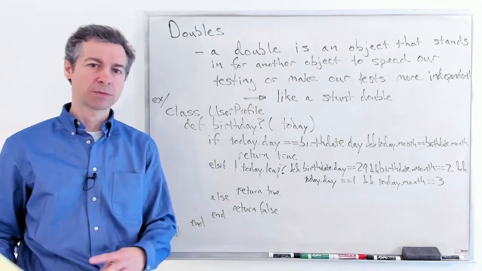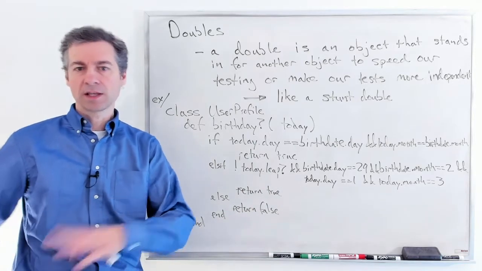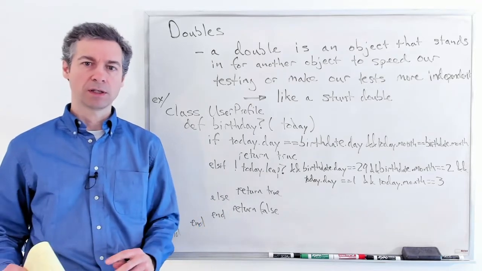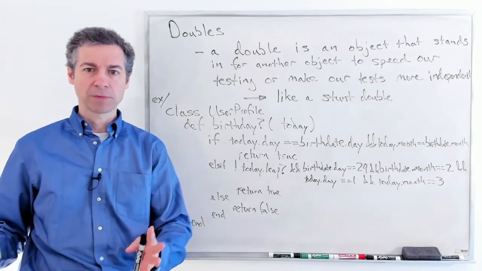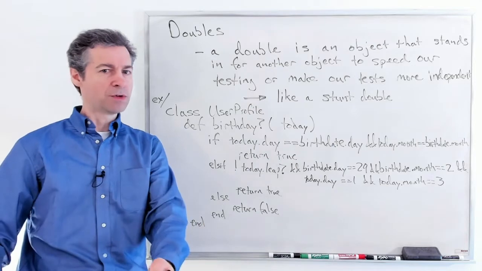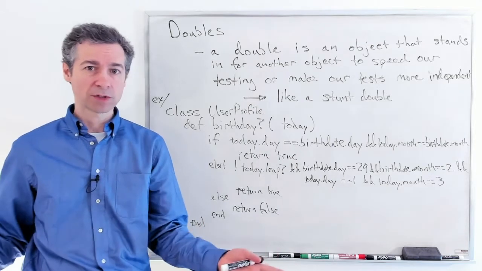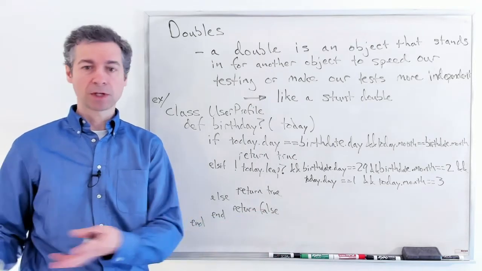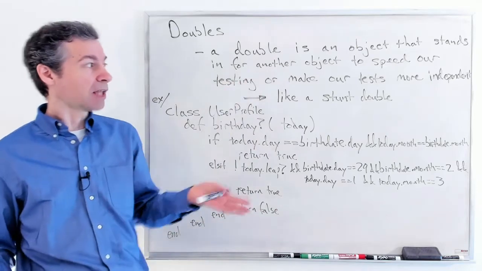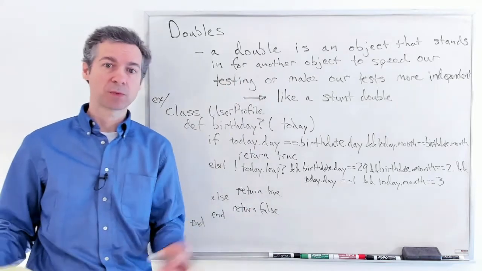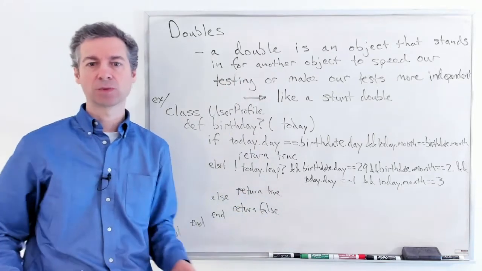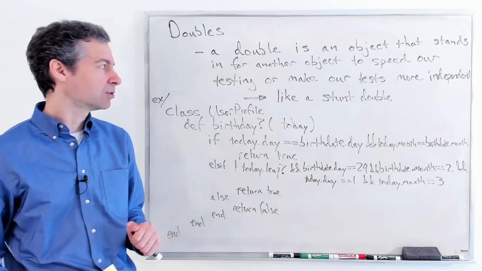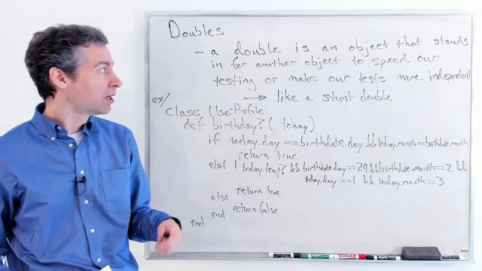So the stunt double comes in, takes all the blows, takes whatever happens. No one knows the difference when they watch the movie. The double has basically allowed us to film this without hurting the actual actor who's paid millions of dollars.